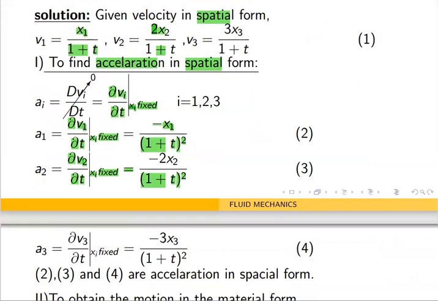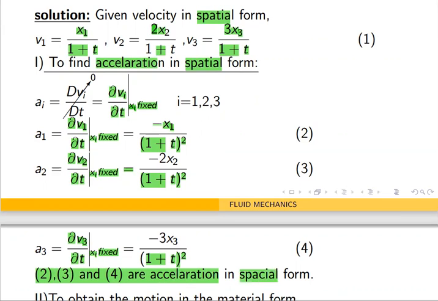Similarly, A3 is dou V3 by dou t with xi fixed. 3x3 as it is, times minus 1 by 1 plus t whole square. So equations 2, 3, 4 are acceleration in spatial form.